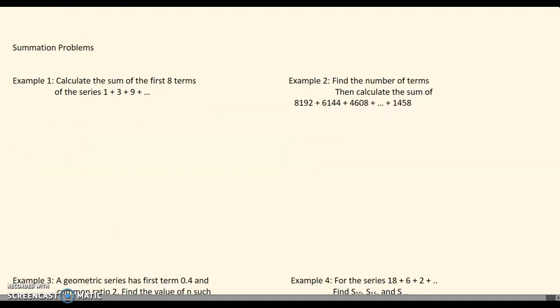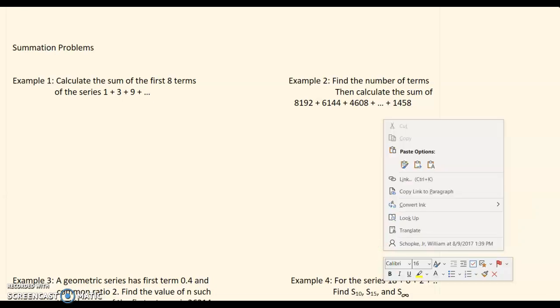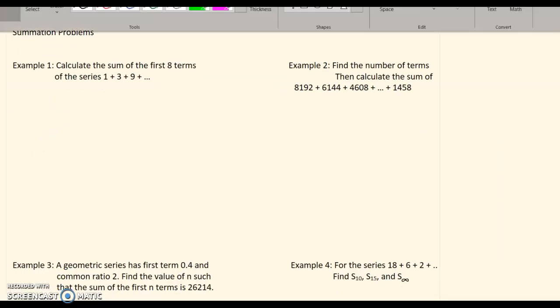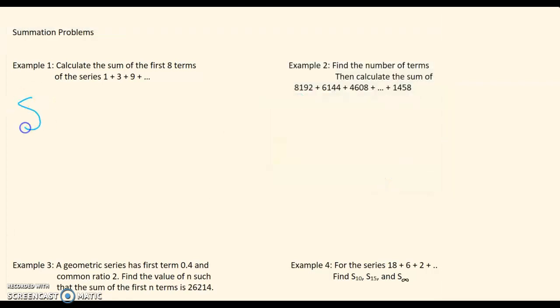Okay, so I'm going to skip that for now. Let's talk about sum problems. So let's just do this first one. I don't need to do the second one. So I want the sum of the first 8 terms. Not infinity, 8 terms, is the first term times 1 minus r, which in this case is 3, to the 8th, all over 1 minus r.